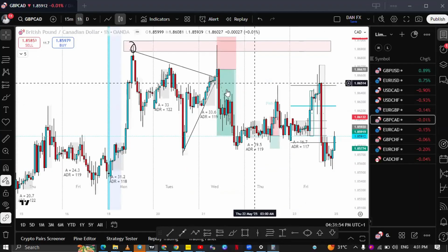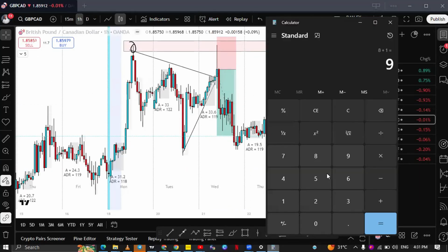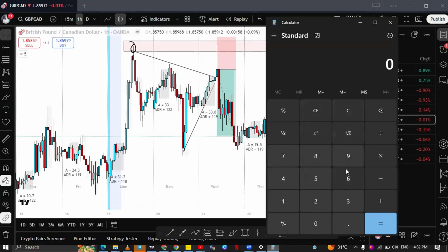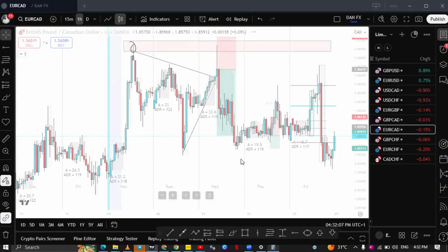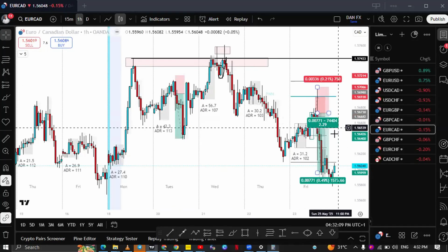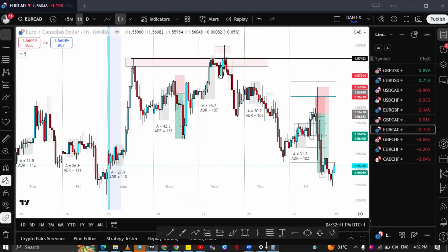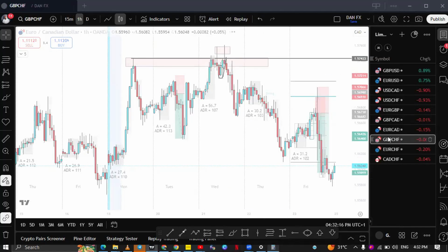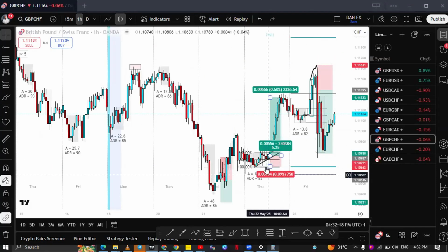GBPCAD. 1 win here. That's 10. Oh man, I made a mistake. So that's 9, 9 plus 1. Sorry, that's 10. EURCAD. 2 wins here. Plus 2, 12. GBPCHF. 2 wins here.